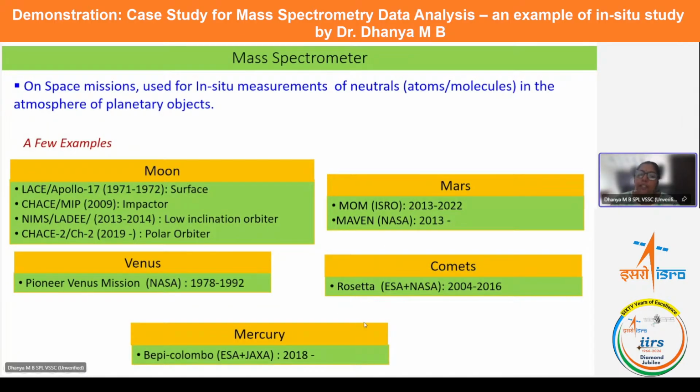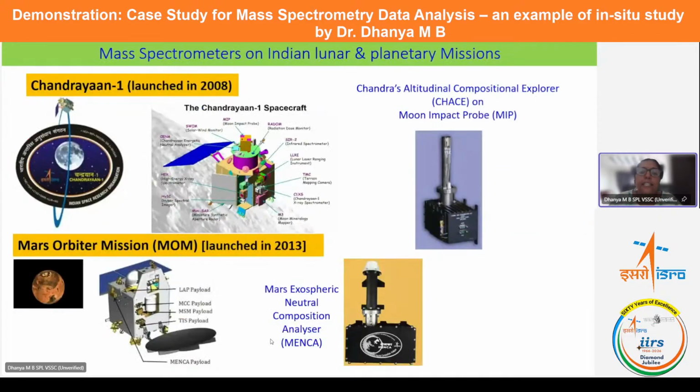So there also a mass spectrometer was sent. And to another planet, Mercury, a mass spectrometer. So these are just a sample of examples. There are other missions to other planets and asteroid-like bodies where mass spectrometers have been sent. Now, in the Indian scenario, where have we used them?